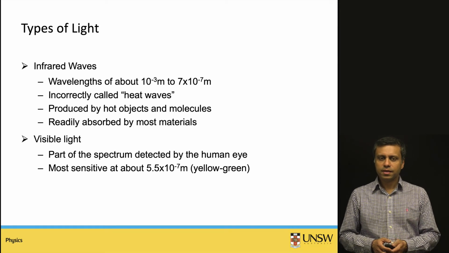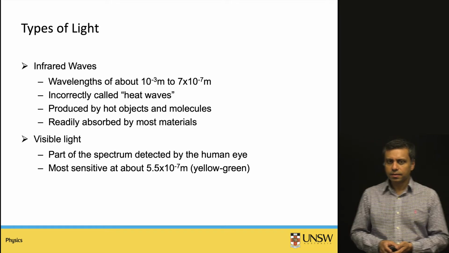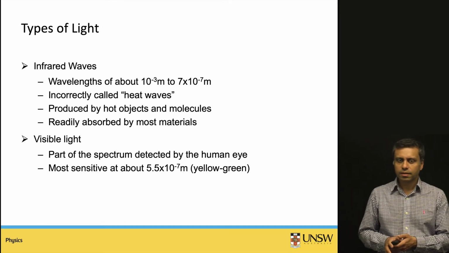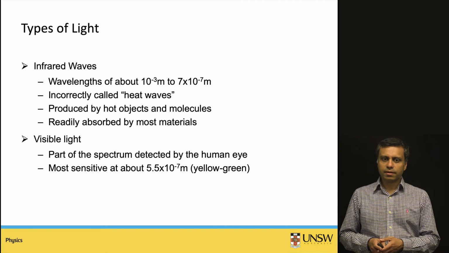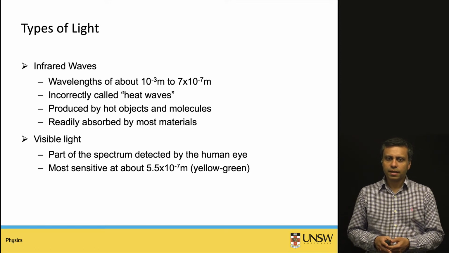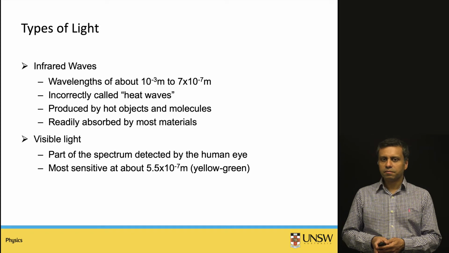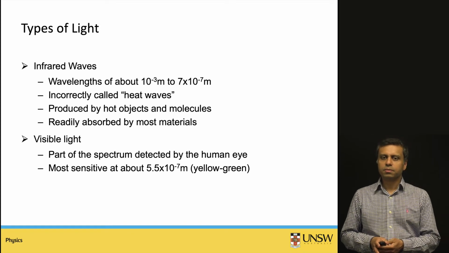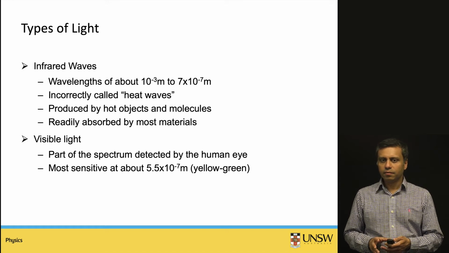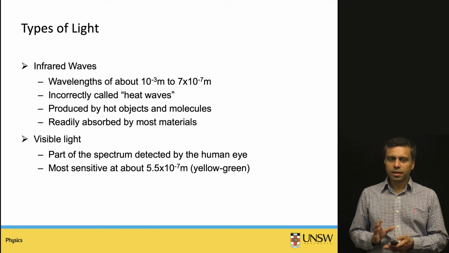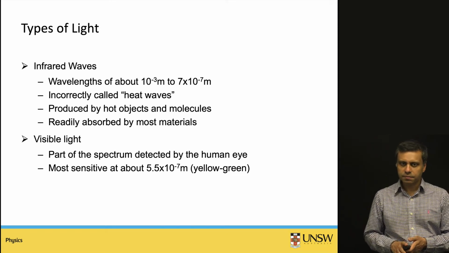Infrared waves have a slightly larger wavelength than visible light. Their wavelengths are of the order of 10 to the power minus 3 to 10 to the power minus 7 meters. They are often called heat waves, but that is incorrect. They are not actually heat waves.